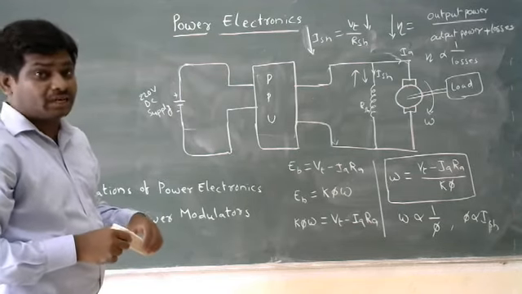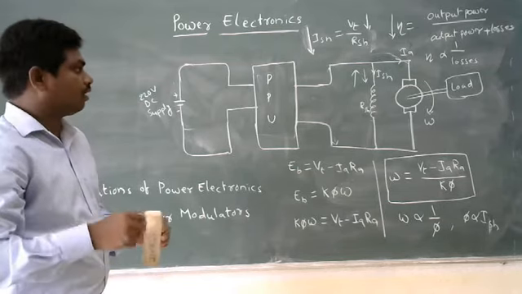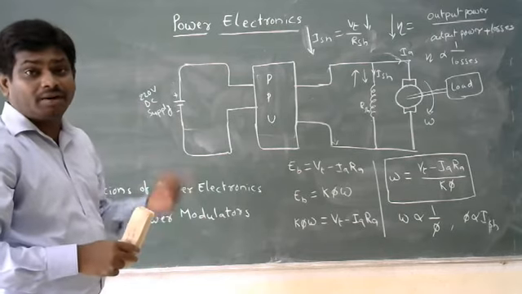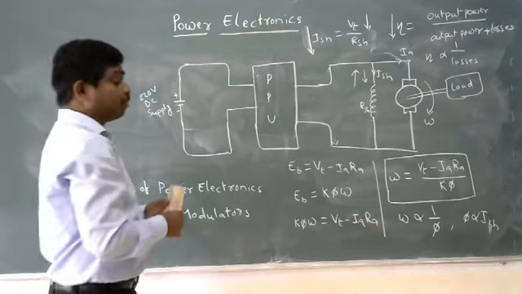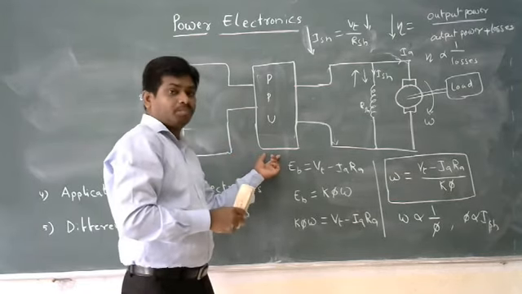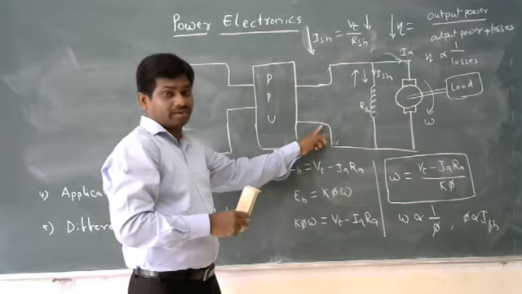Means what? Instead of providing the fixed DC supply to the DC motor, I'm going to supply a variable DC supply to the motor by keeping one PPU, power processing unit, in between the fixed values and variable values.